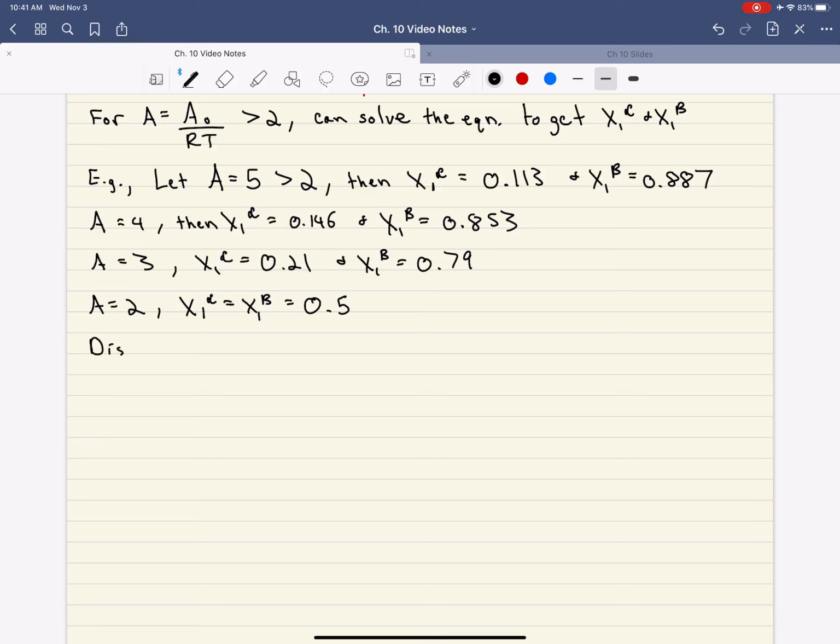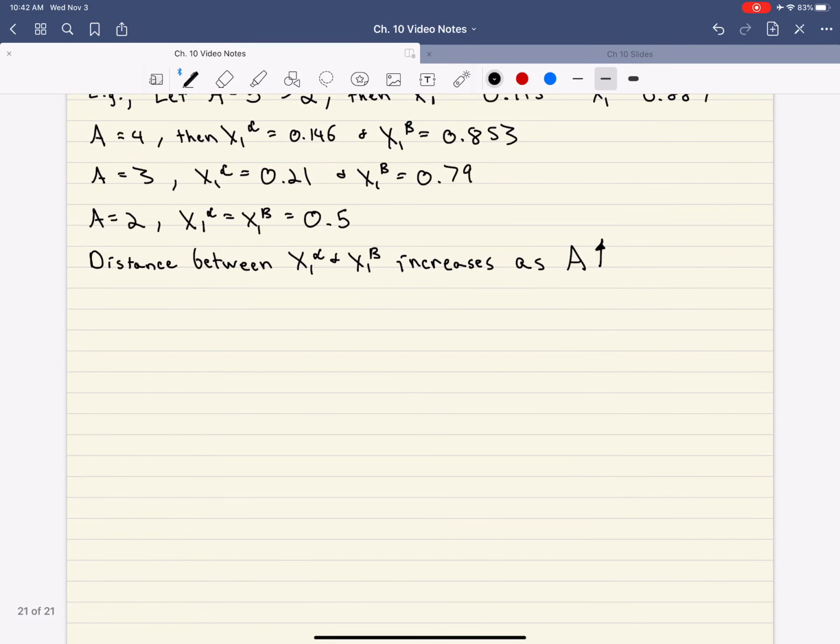So the distance between x1 alpha and x1 beta increases as A increases. Okay?